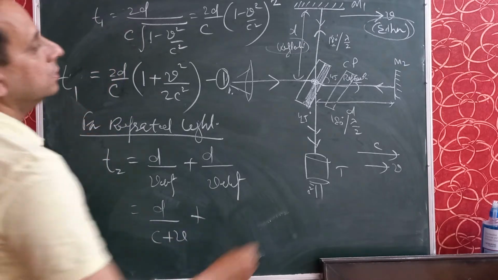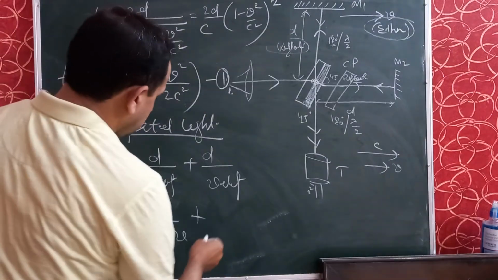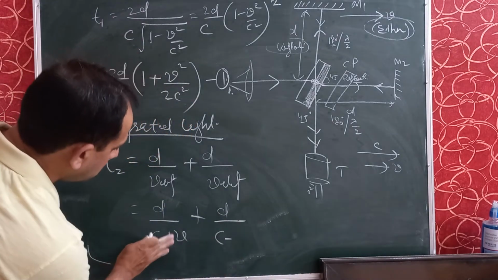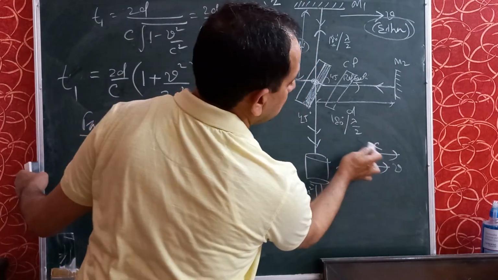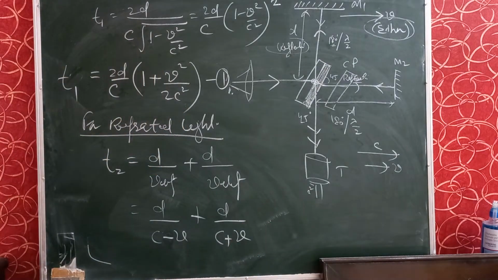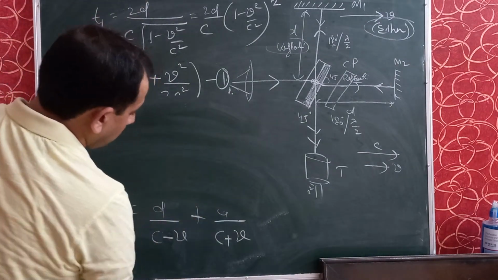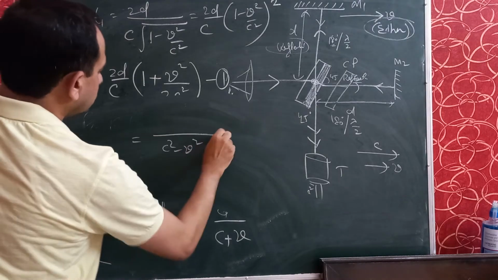And when light is moving in the backward direction and ether is moving toward the right-hand side, the relative velocity is d upon c, oh sorry, it is c minus v, because we count the relative velocity, c minus v, and c plus v. Now we will take the LCM. This LCM is c square minus v square.